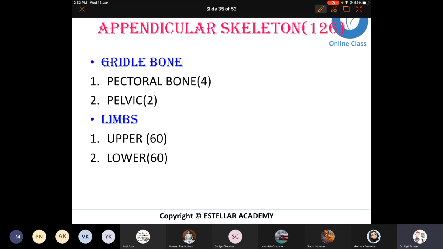Can you move to the next? Appendicular skeletal is how many? 126 is the number.